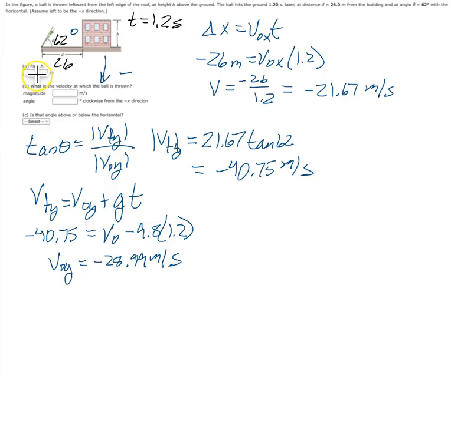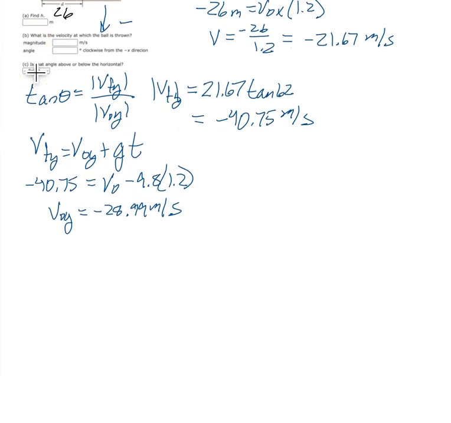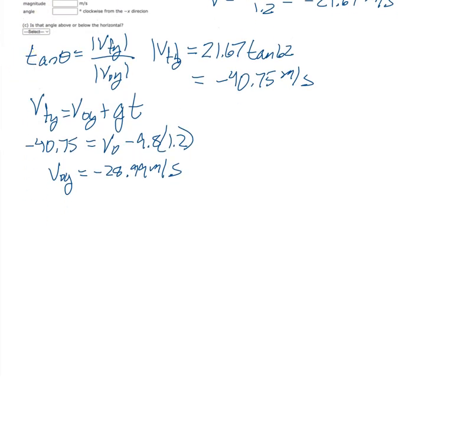Now that we have that, we can do part A of the problem. They want to know what is the height of the building? For that, we use our second kinematics equation: delta y equals the original speed in the y times time plus 1/2 of gravity times time squared. Gravity has to be negative, and so does our original speed in the y, and so does our height.